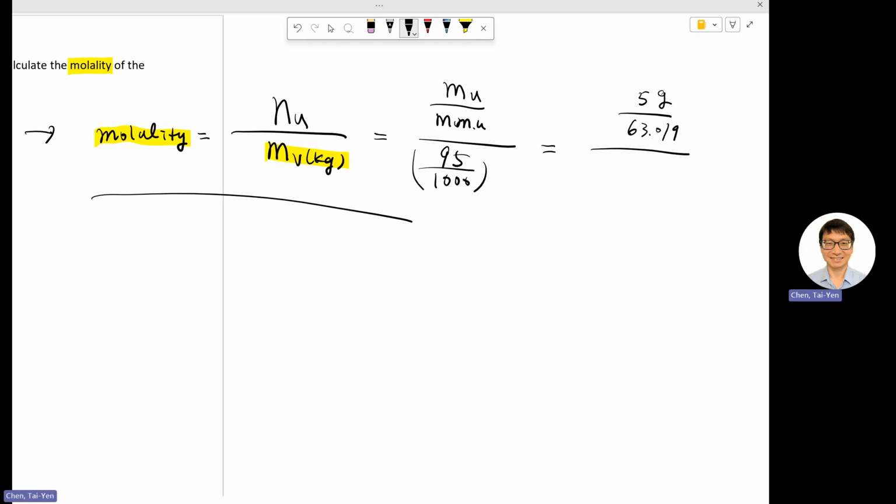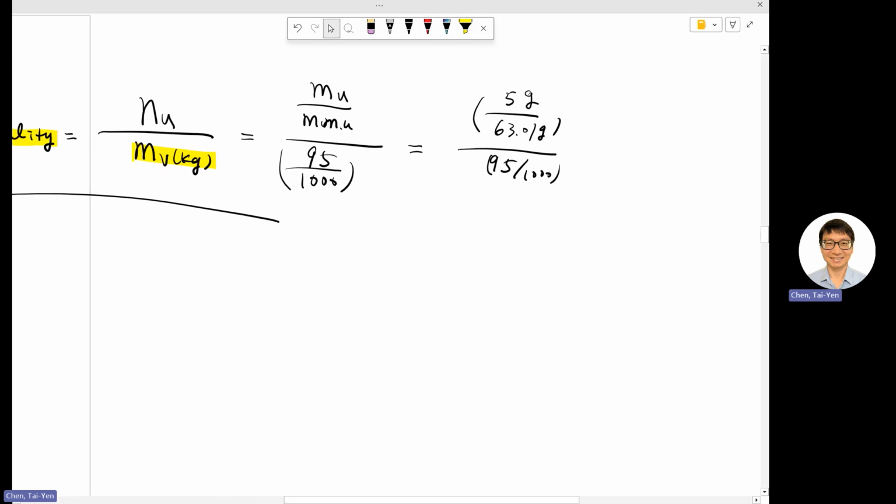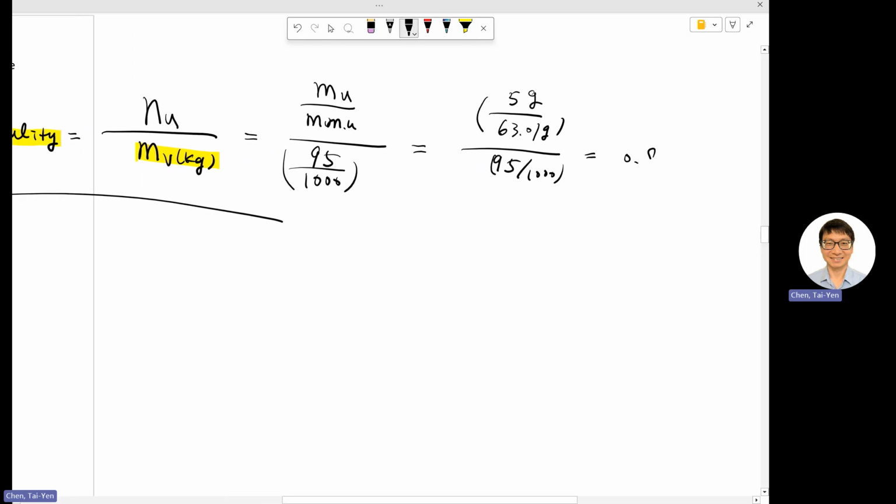So that is your denominator, and your numerator is simply 95 over 1,000. By calculating this, you get your final answer of 0.84 m, moles per kilogram.